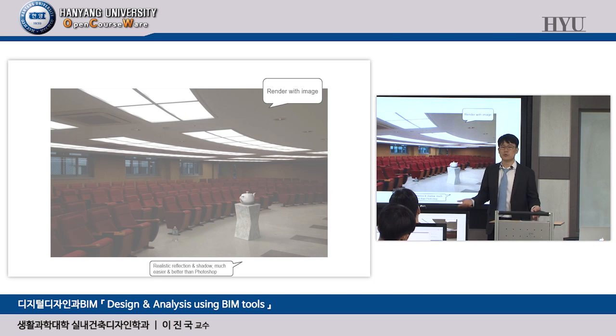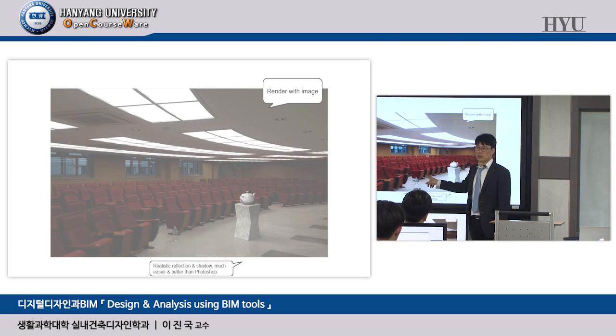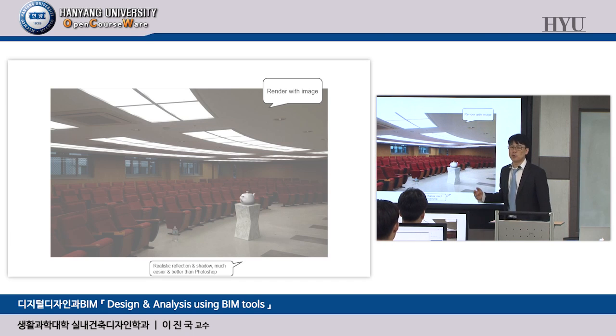Of course, we can use Photoshop, but you can render with Mental Ray shaders, and then you get a very natural result. Take a look at the shadow and reflection. They are all generated by 3D Max with this background picture. So this is a very powerful shader.